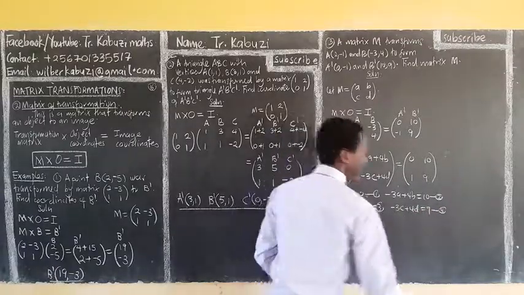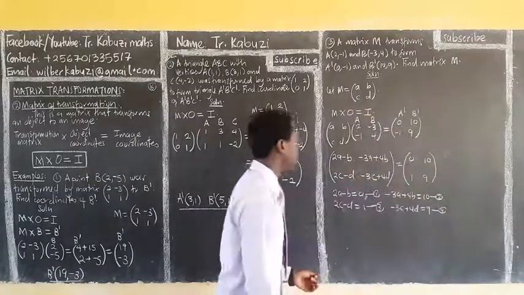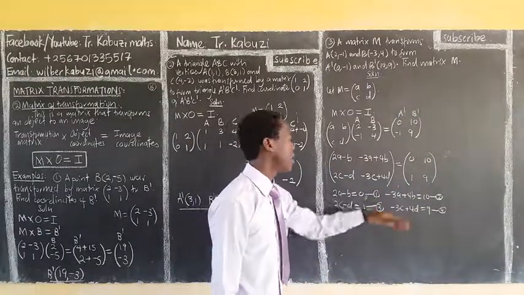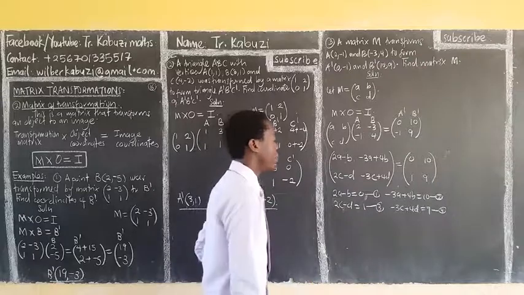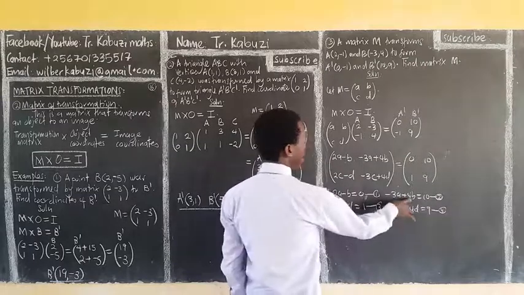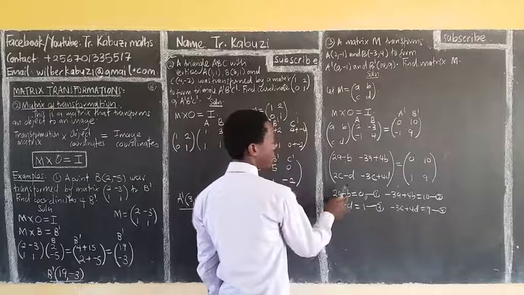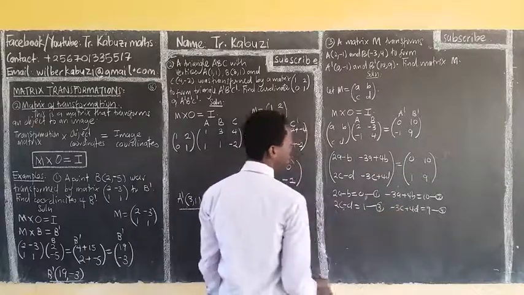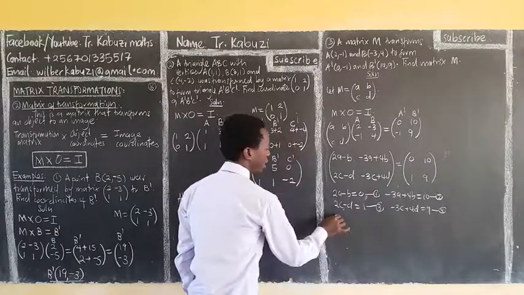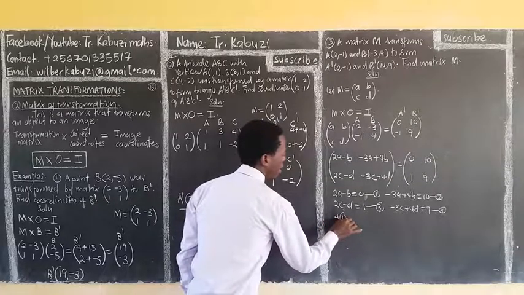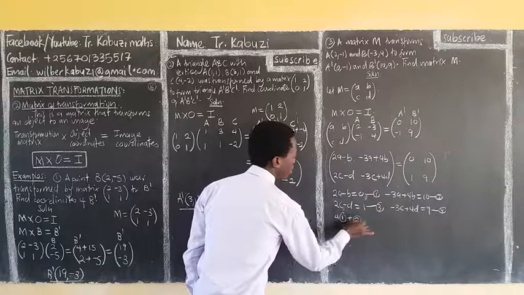Now what we're left with is to solve these equations simultaneously. You see this is having A and B and this one is having A and B, so I can solve these two simultaneously. I can easily eliminate B. I'm going to multiply equation 1 by 4, then add equation 2.